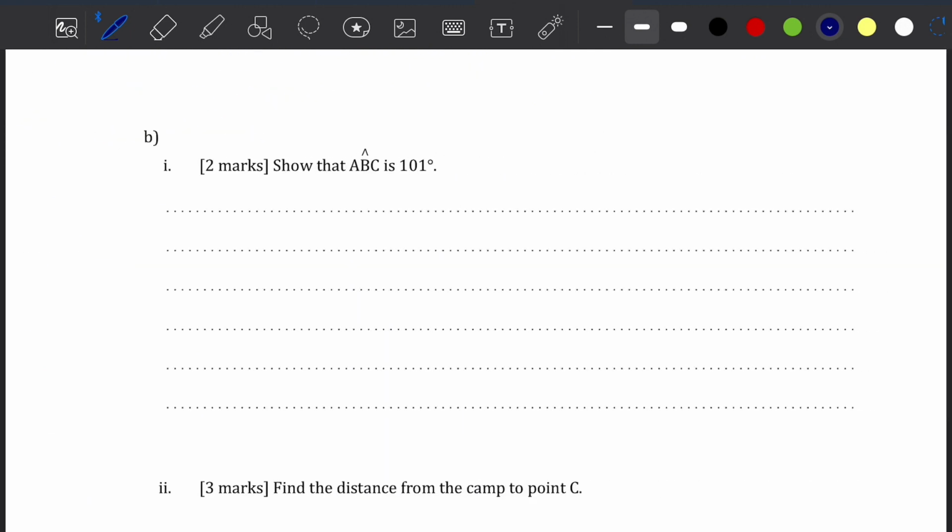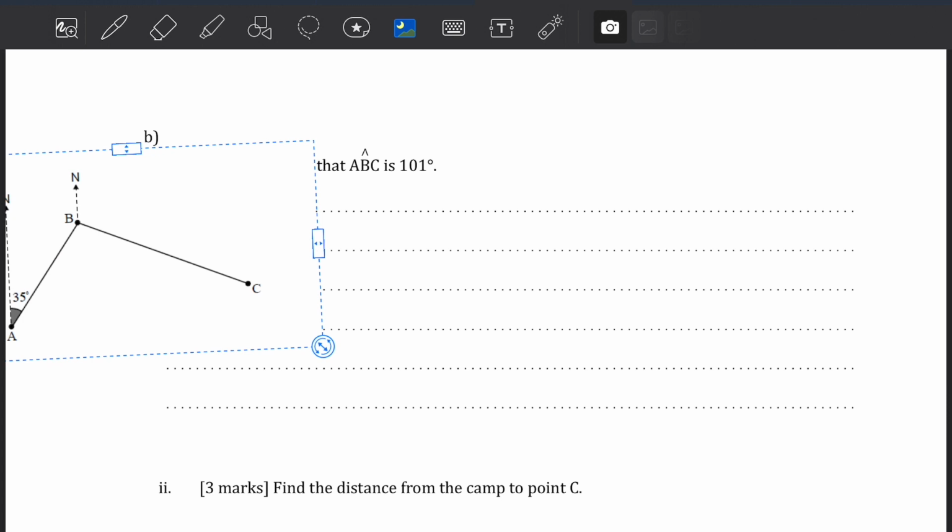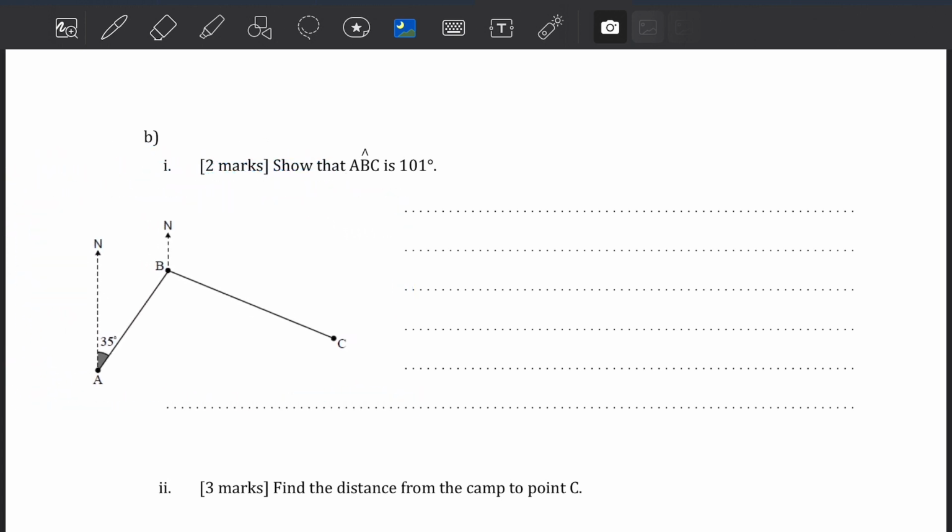Question B, we need to show that the angle ABC, the angle B, is 101 degrees. From the previous question, this is our diagram. That angle here, the bearing is 114 degrees, and the distance between point B and point C is 4.6 kilometers, and we need to show that the angle ABC here is 101 degrees.